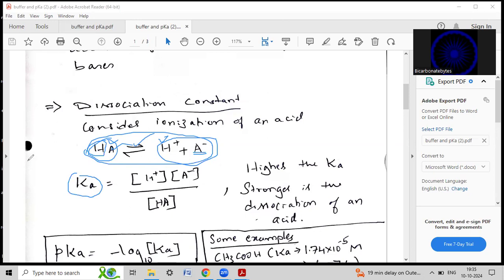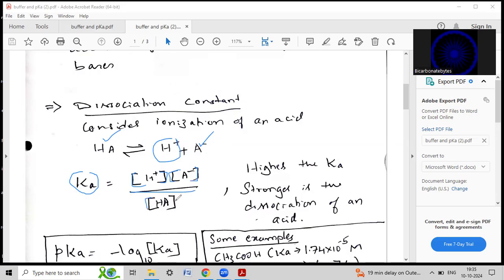So if you're looking at a weak acid which is ionizing to give you protons and the conjugate base, the dissociation constant would be simply the ratio of the product of the ionized protons and the conjugate base divided by the concentration of unionized acid.